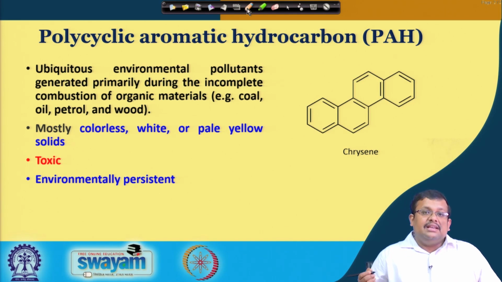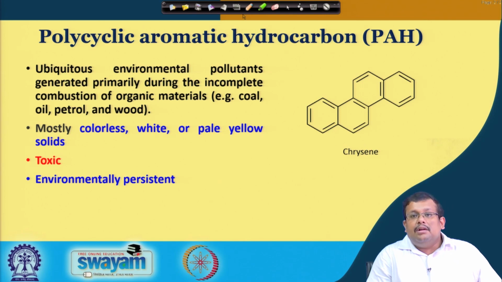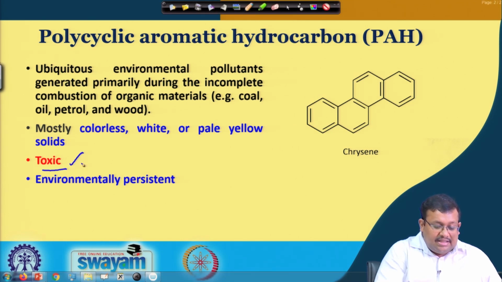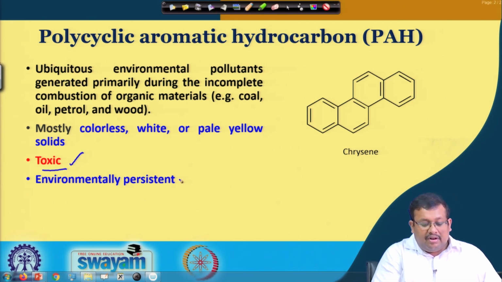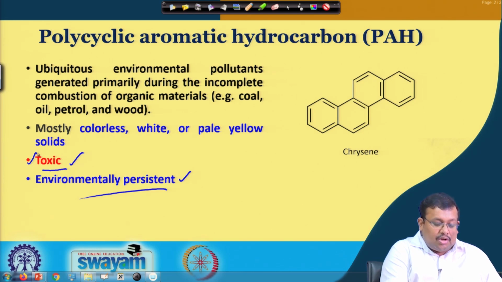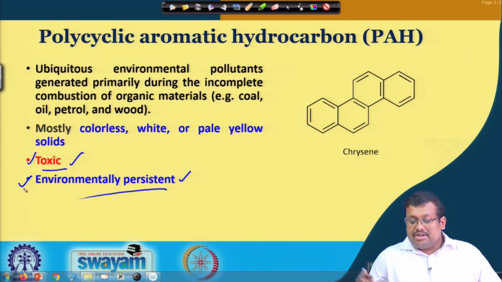They are mostly colorless, sometimes white or pale yellow solids. They are toxic in nature and also environmentally persistent. That is why it is a problematic compound for the environment, because it is both toxic as well as environmentally persistent, so it can remain in the environment for a longer duration of time.